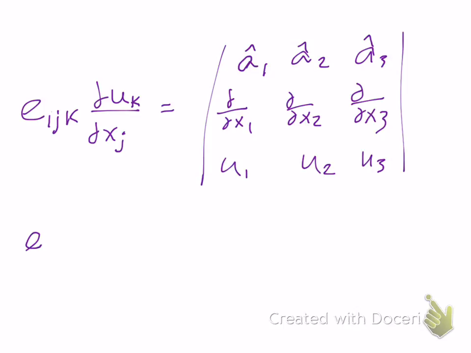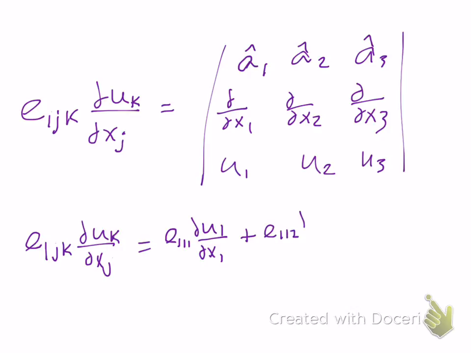like the E1jk du_k dx_j is going to be E111 du1 dx1 plus E112 du1, actually du2, dx1.